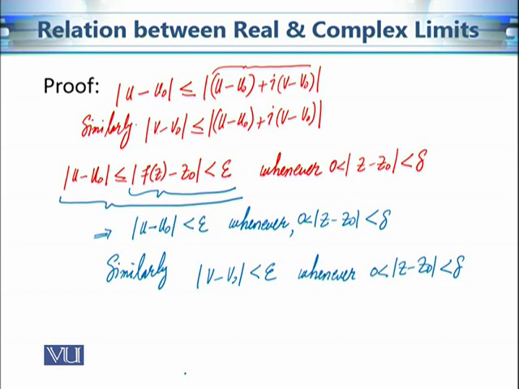More precisely, we are going in the opposite way. If we want to prove that the limit of u is u₀, then we choose epsilon over here and we need to find delta. For this particular epsilon we find delta corresponding to the limit of f(z) being z₀, and then we use that delta over here.